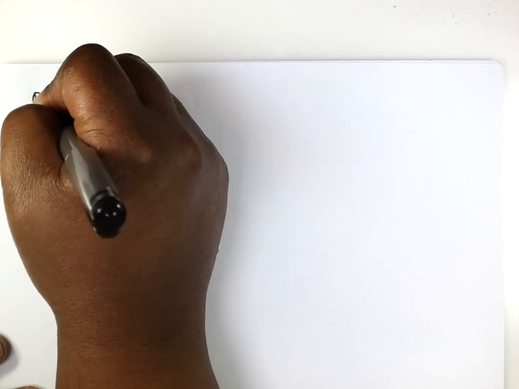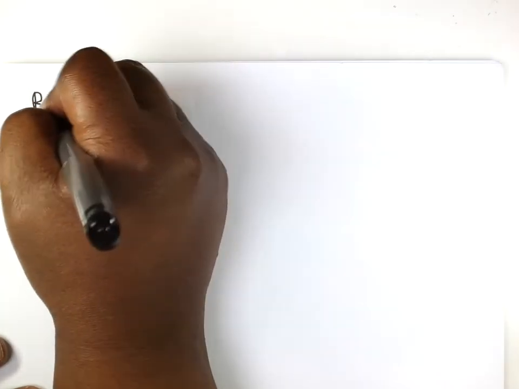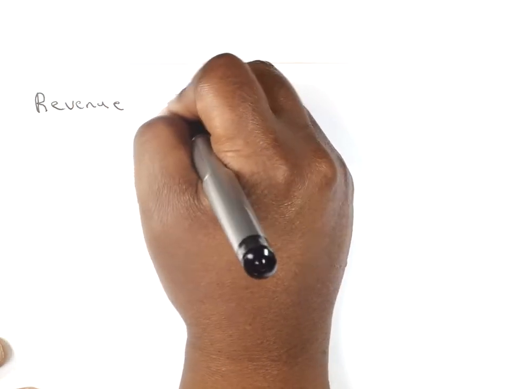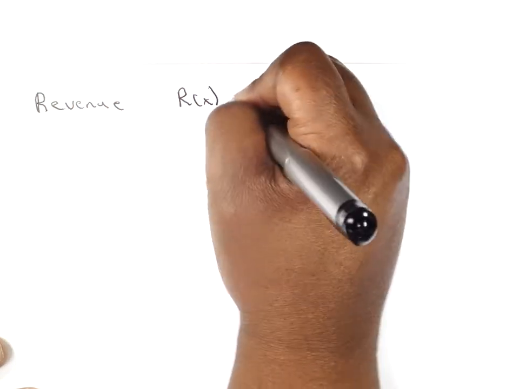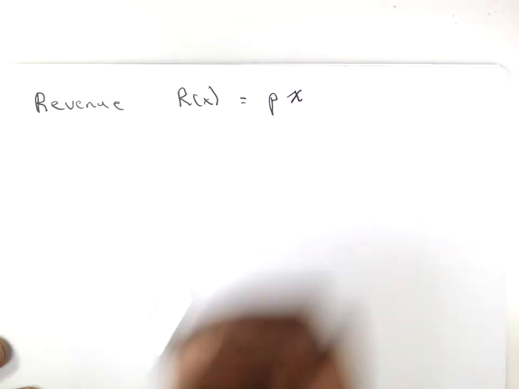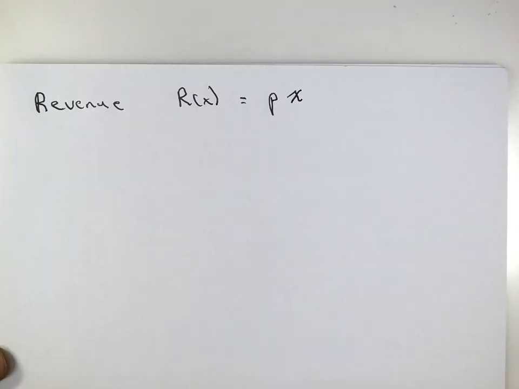Alright, so whenever we talked about cost, we talked about revenue and profit. So our revenue function, R of x, is just the price that we're charging times the number of units. Well, the price really depends on how the market is behaving at the time.